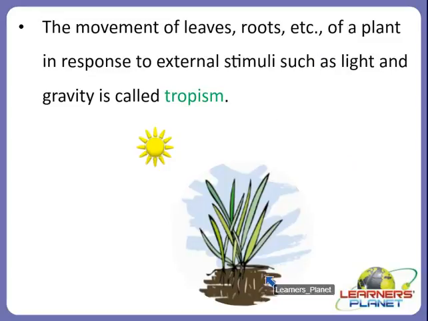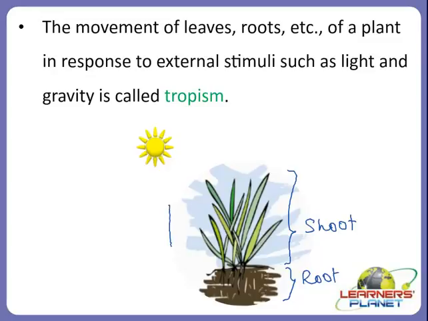Here you can see that this is a plant. This is the shoot system and this is the root system. Always remember that the shoot of the plant grows towards light and the root grows towards gravity.